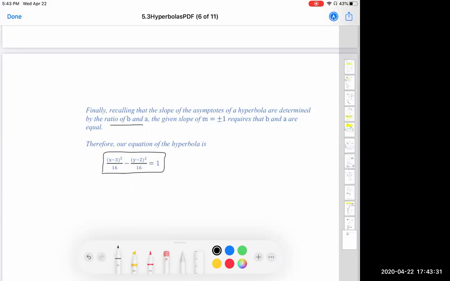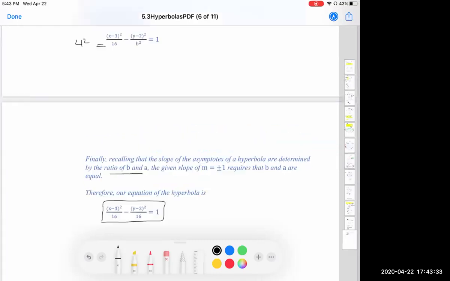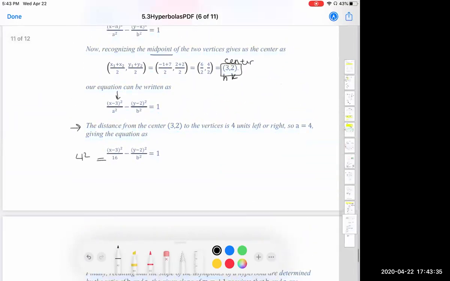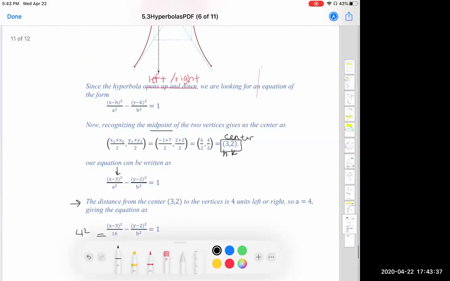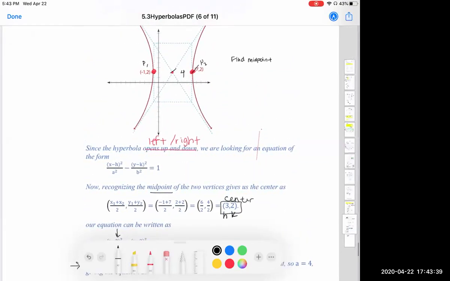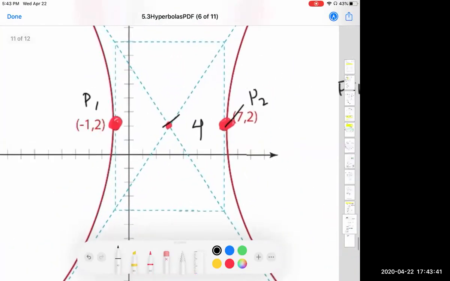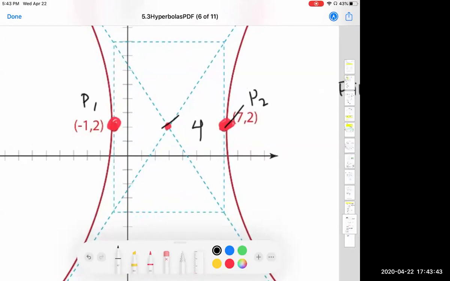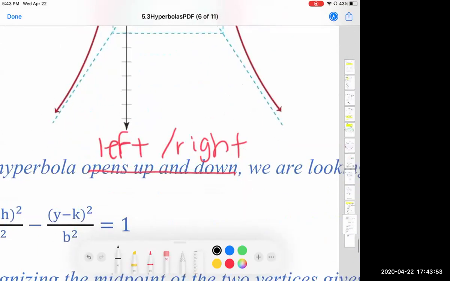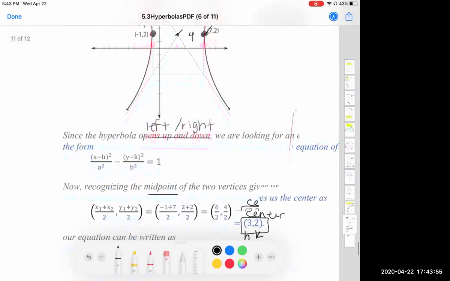Can you go back up to where you got 16 for a squared? Yeah. So it's saying that from the midpoint to your vertex, it's 4 units. So that gives you that 16. Now that you know your center is the point, what did it say it was? (3, 2).